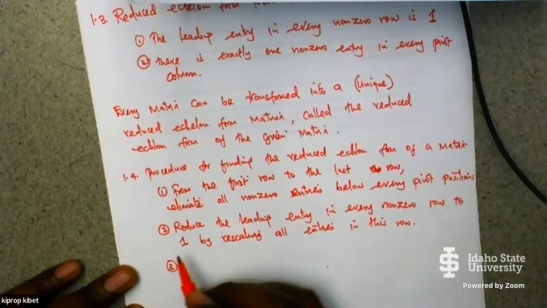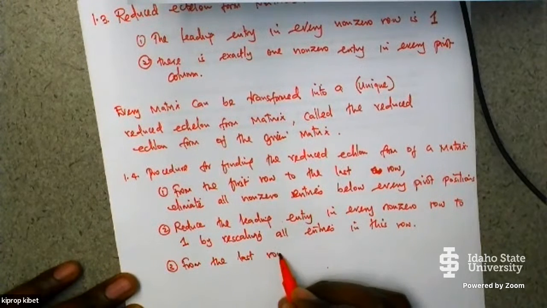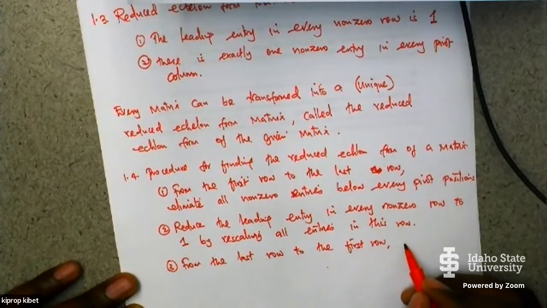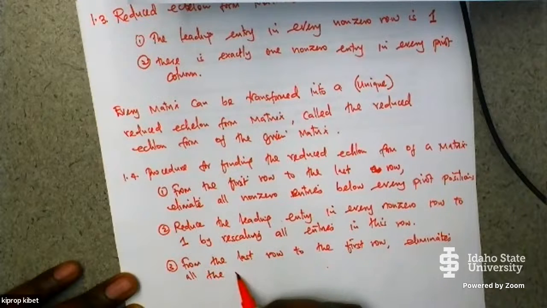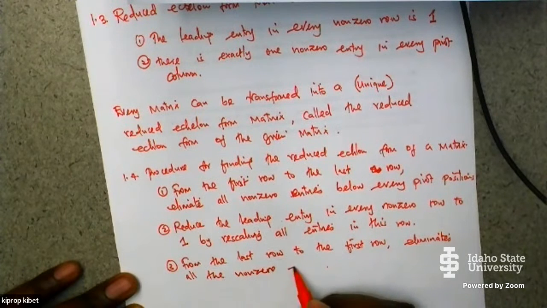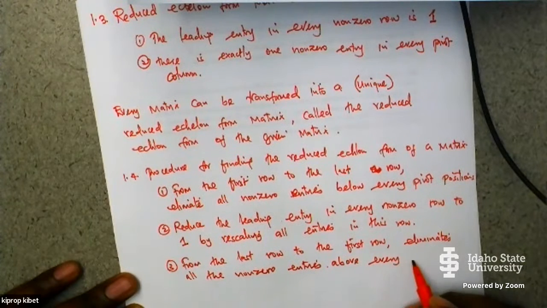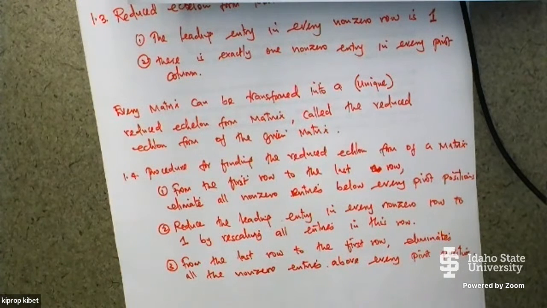Number three, from the last row to the first row, eliminate all the non-zero entries above every pivot position. From the last row to the first row, eliminate all the non-zero entries above every pivot position.